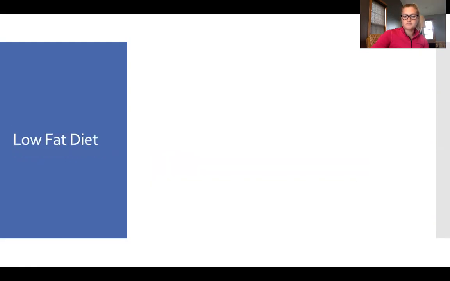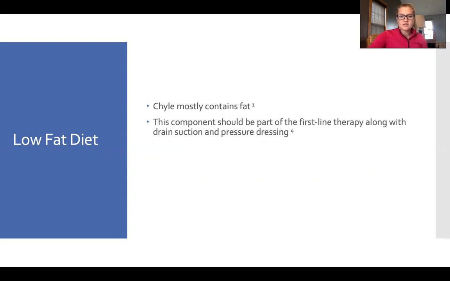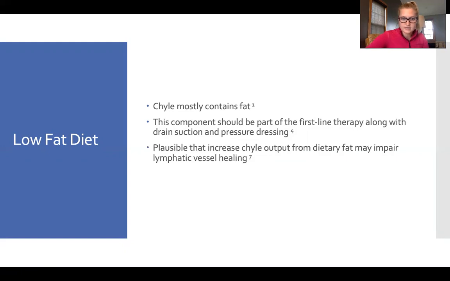So with a low-fat diet, like I said, chyle contains mostly fat. This component should be part of the first-line therapy along with drain suction and pressure dressing. So if you're putting less fat into the body, the chyle is going to output less than what it typically would be on a regular diet.